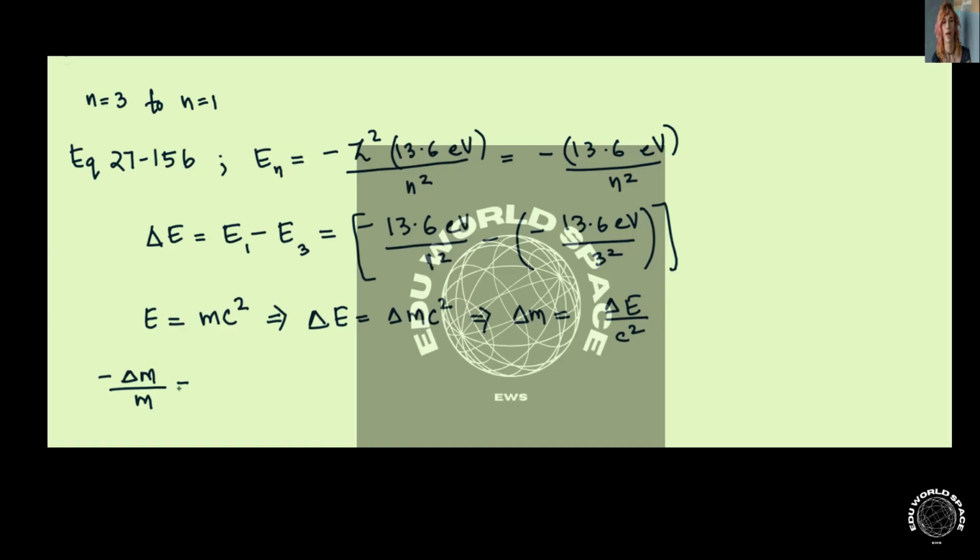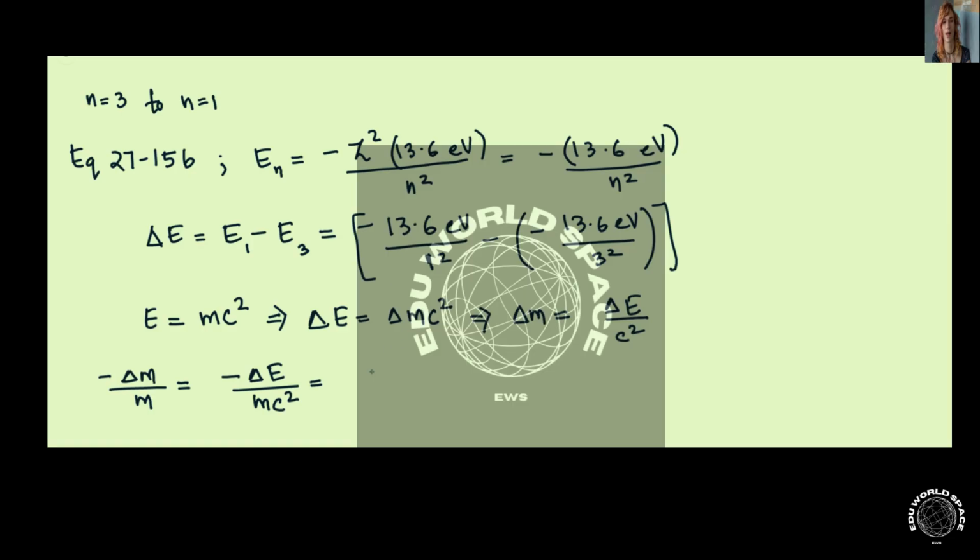So this will be equal to, we use the value of delta m from here, negative of delta E over m c square, and we use the value of delta E from here.